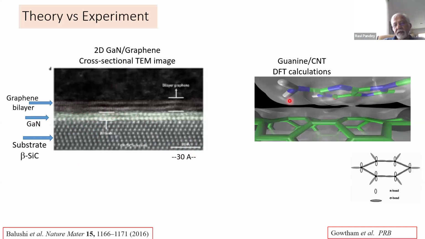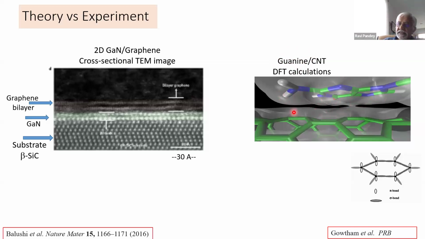At the same time, this is one of the examples from our calculations. Here we have a carbon nanotube, and here is one of the DNA molecules, called guanine. Carbon atoms have pz orbitals forming a pi electronic cloud, and the same thing is true of the benzene ring in guanine.